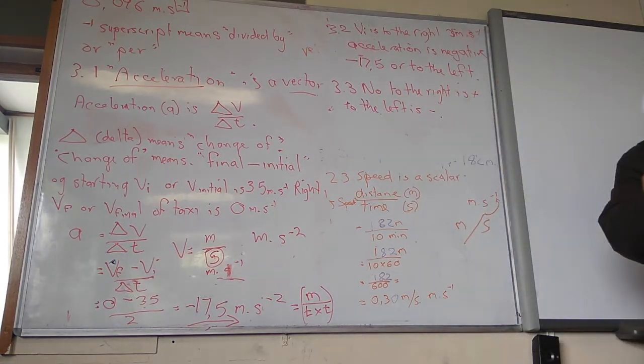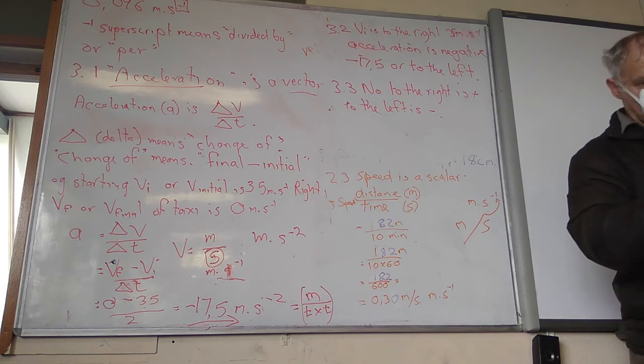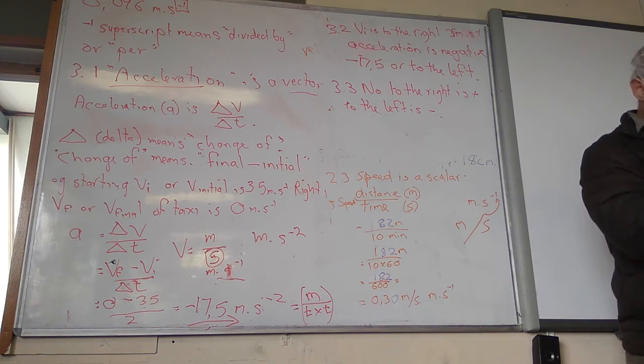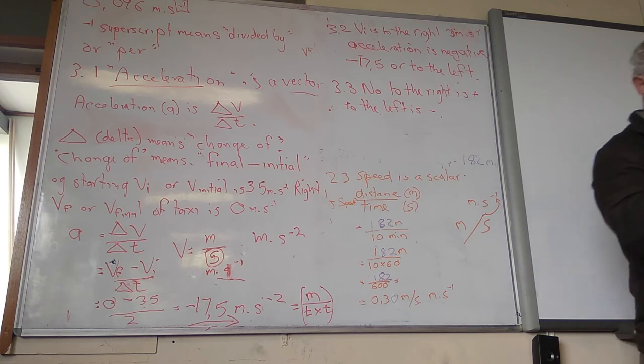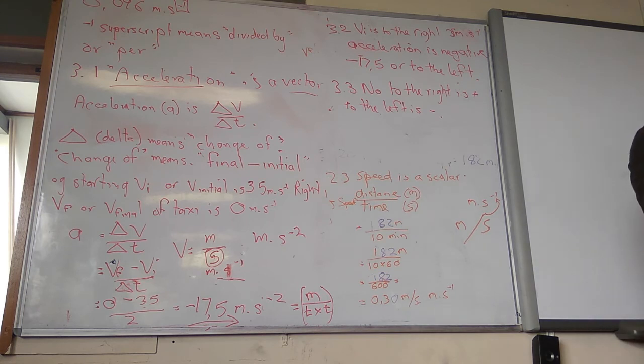Now, calculate the distance the taxi travels during his reaction time of 1 second. You know, guys, you don't have to be a genius to do this, but I can promise you, it's just common sense.